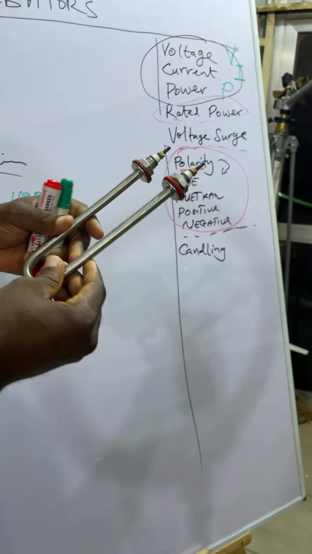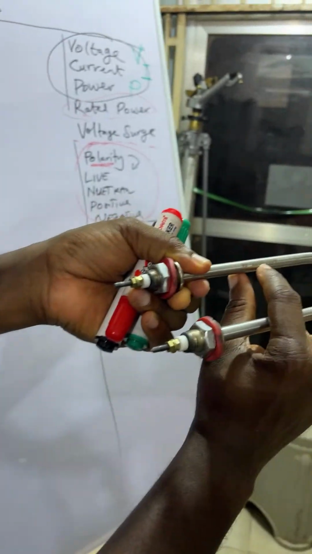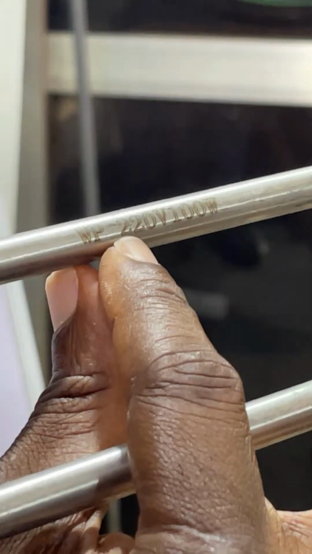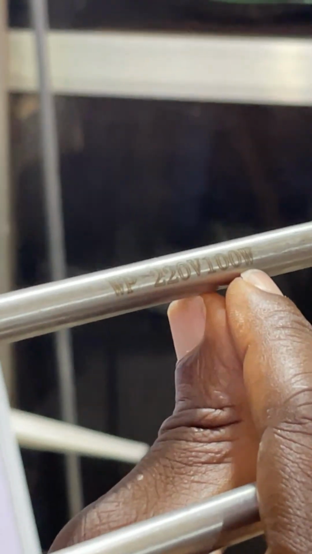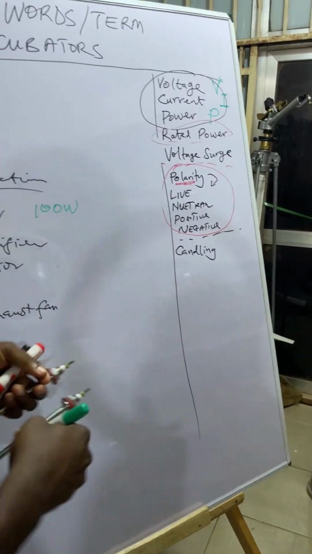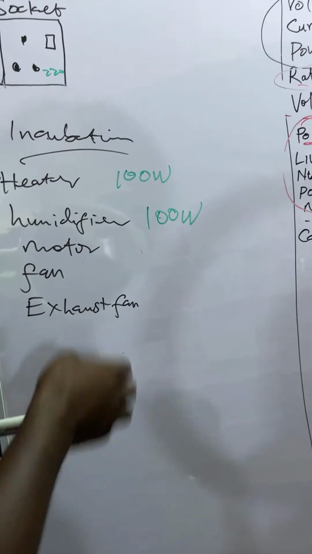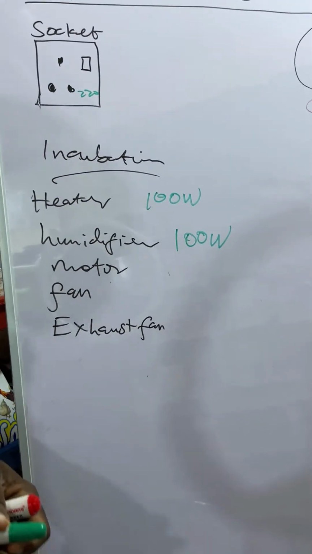For the humidifiers from Mykit shop, the voltage is written here, the wattage is written here: 220 volts and 100 watts, that's 100 with a big W. So let's say I'm using this in my incubator. What is the wattage? It's also 100 watts.